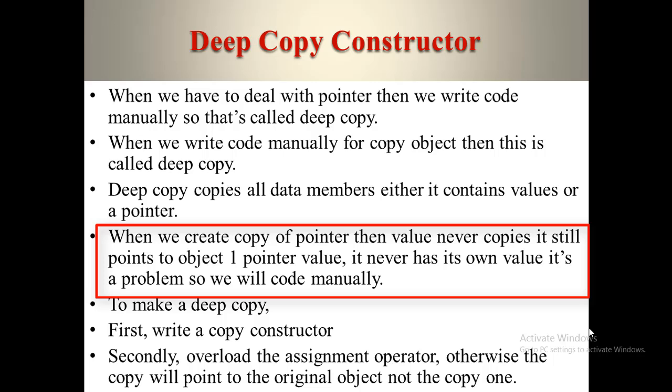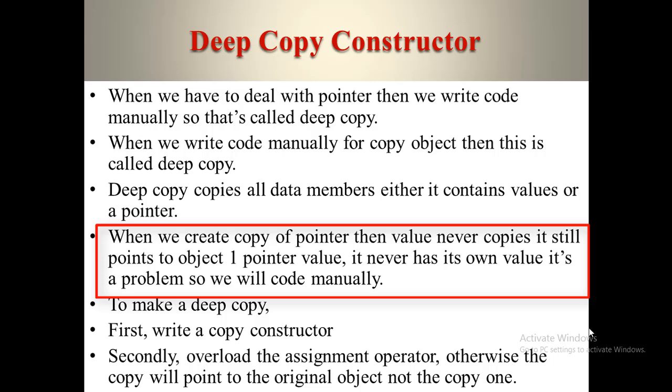We have to create a separate space for the copy object. For example, if we have created one pointer object that is saved in memory, when we create the copy, it only points to the object 1 memory location. It never creates its own separate memory location.